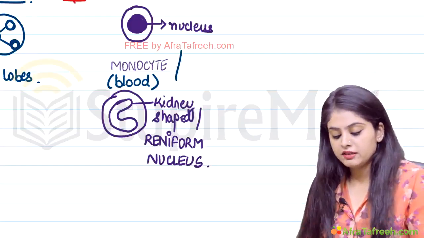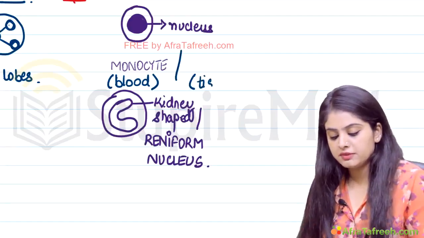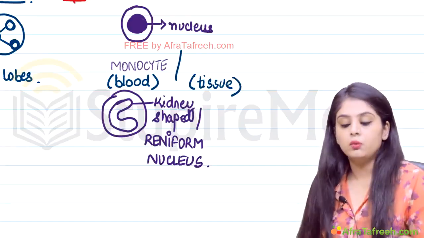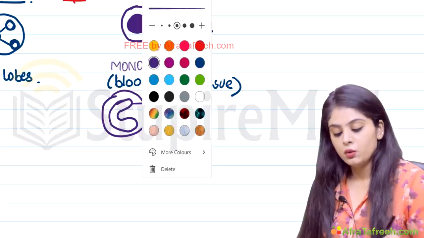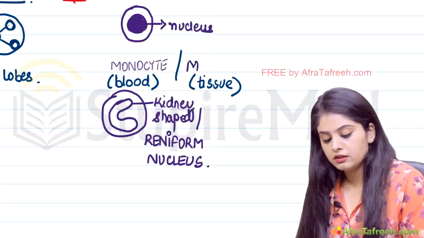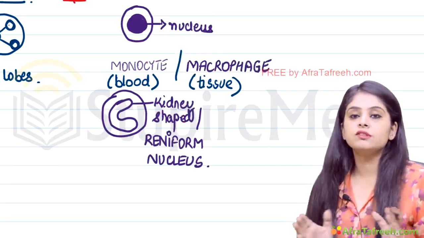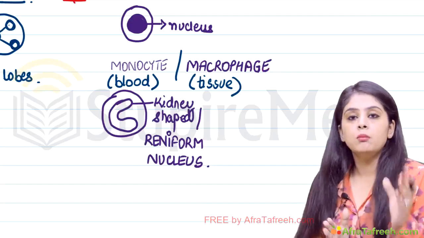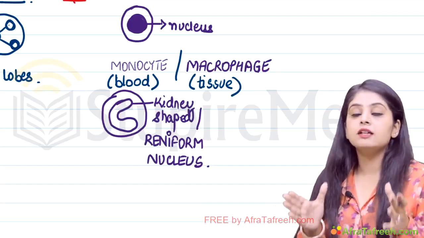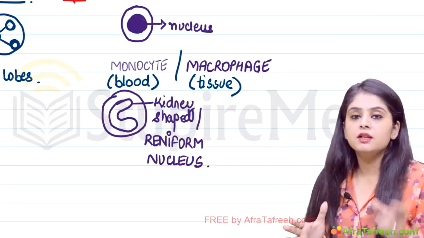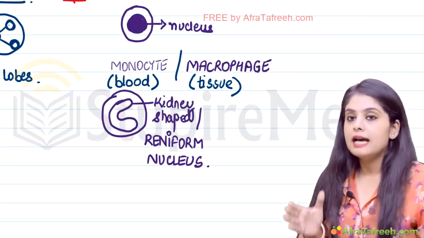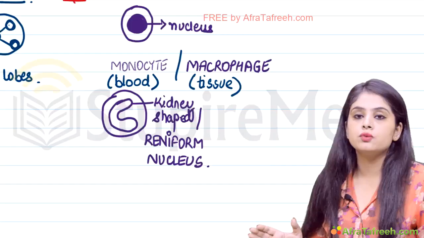But as soon as this particular cell comes out in the tissue, we are now going to call it a macrophage. So students, one very important concept, monocyte and macrophage, these are two same cells. Monocyte is in the blood and macrophage is in the tissue.